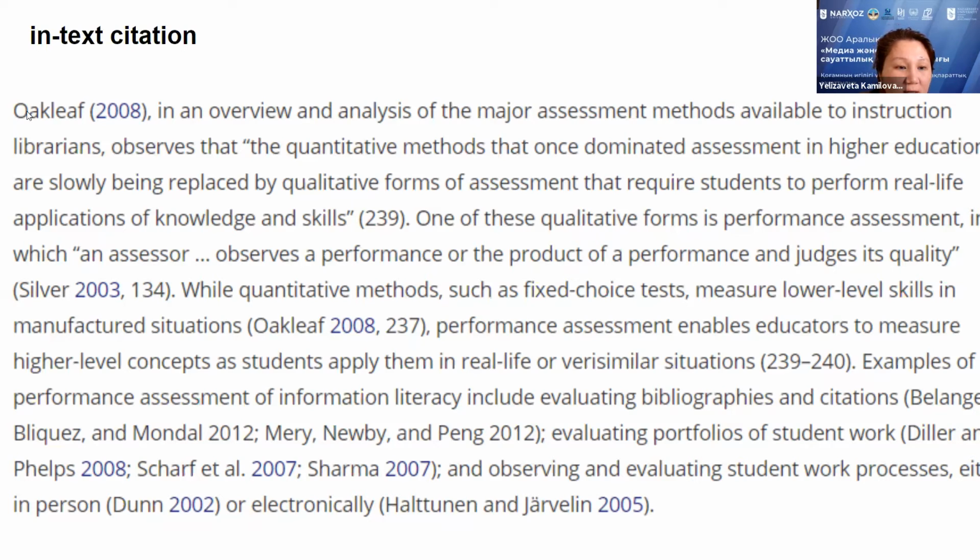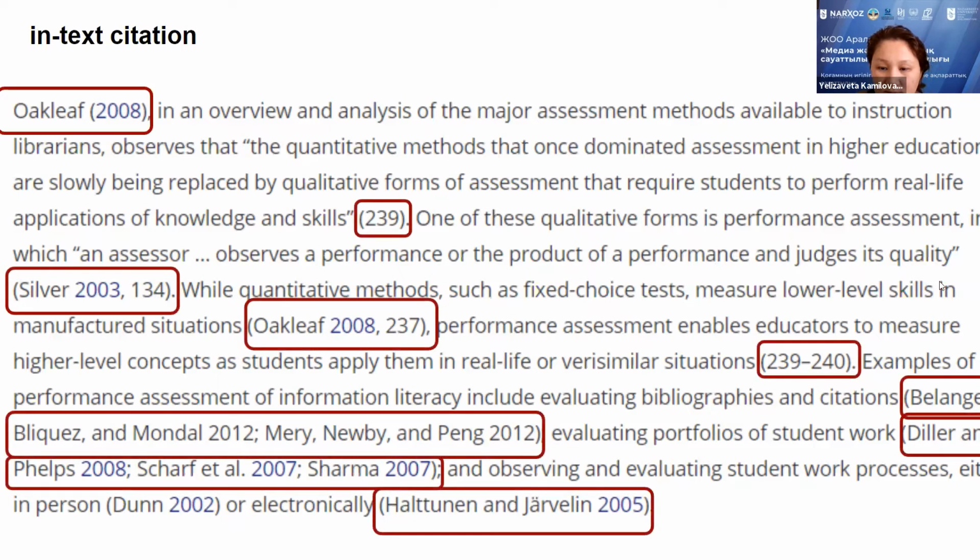Here is the in-text citation with one author, and here is the information on in-text citations where different types of works are used. So this is how it looks in a real paper. I'm highlighting the in-text citation here.